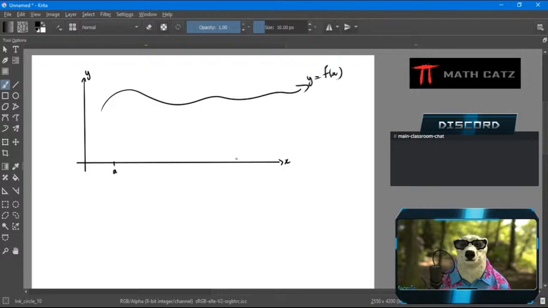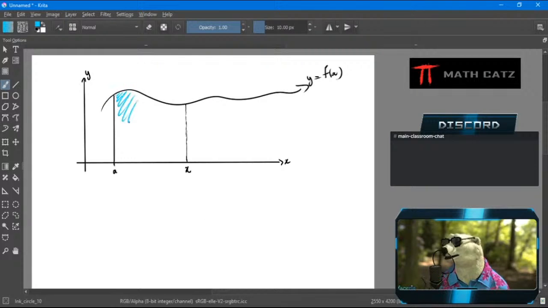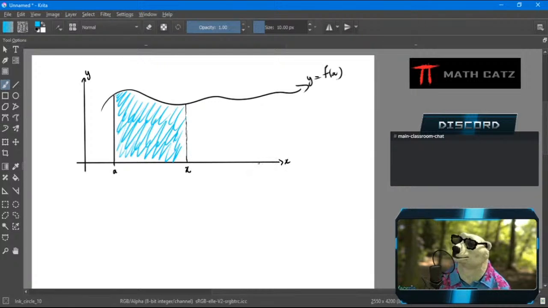I have my A. My left boundary is always fixed. And I'm going to go to some x value, and we colored that light blue. It's not quite what we're looking for because I have to move x over to where I want it to be eventually. But that's good.